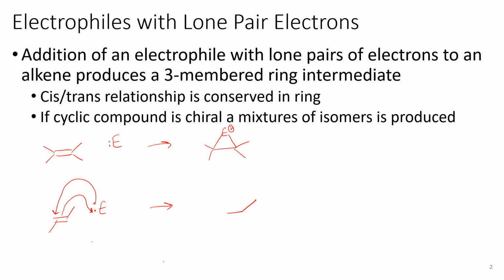So when we look at this, we're going to maintain that stereochemistry. You'll notice I started off with a trans alkene for our mechanism. When I look at the ringed intermediate, we will still see that trans configuration around the ring as well. We will still see the three-membered ring with the electrophile as part of that ring.